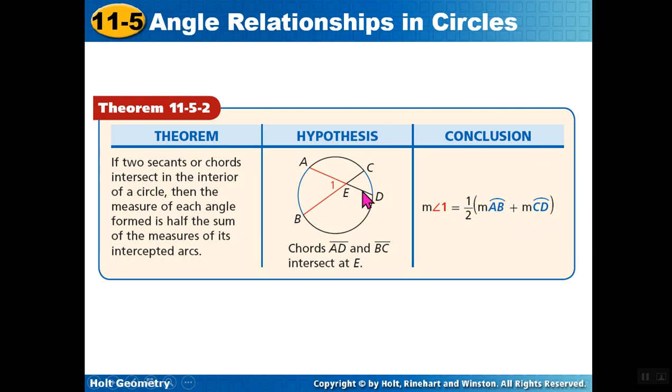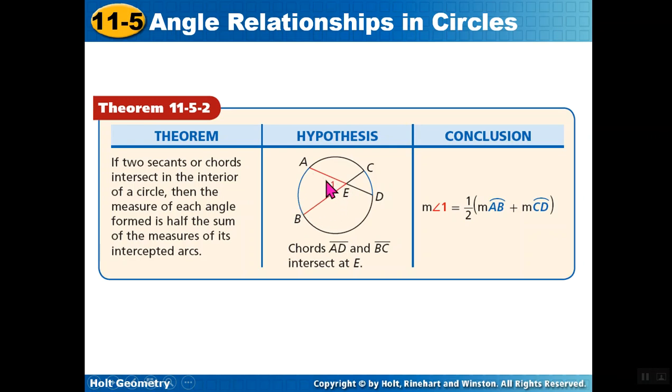A rough example: if the measure of this arc is, let's say, 60 degrees and the measure of this arc is 120 degrees, how much is this measure?